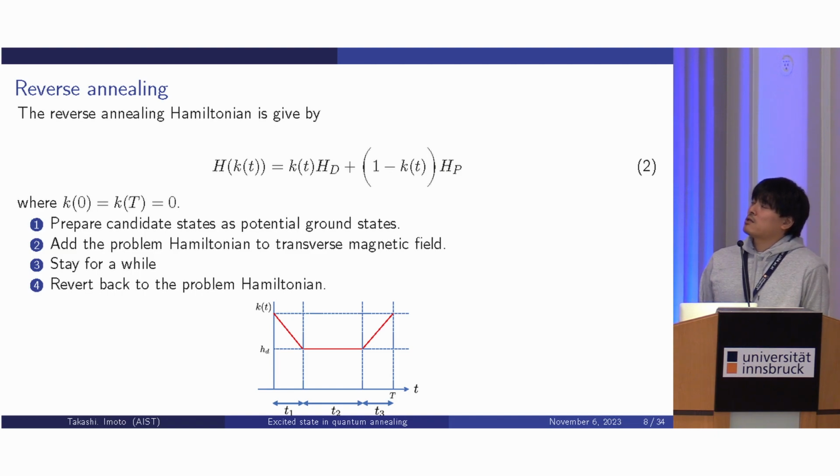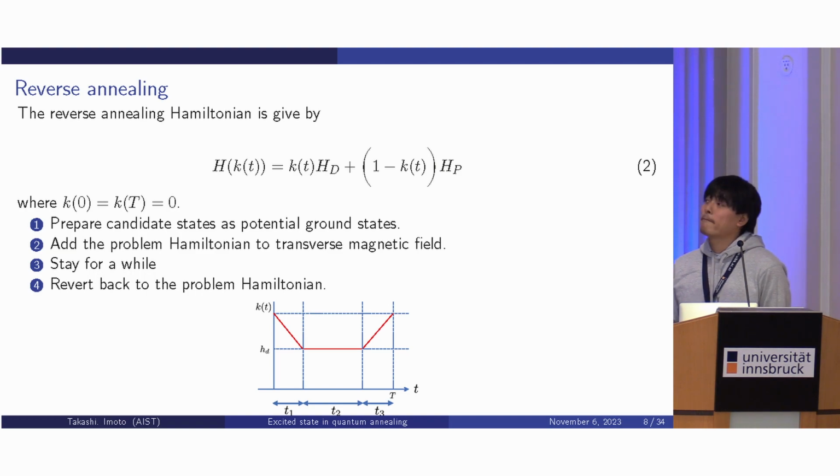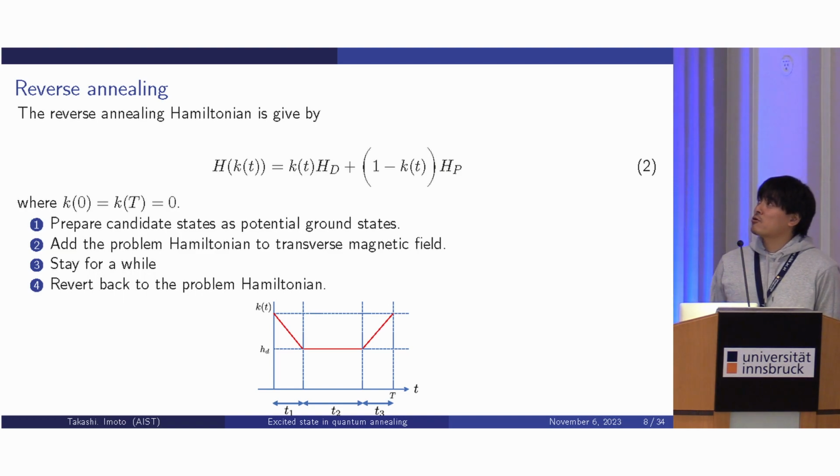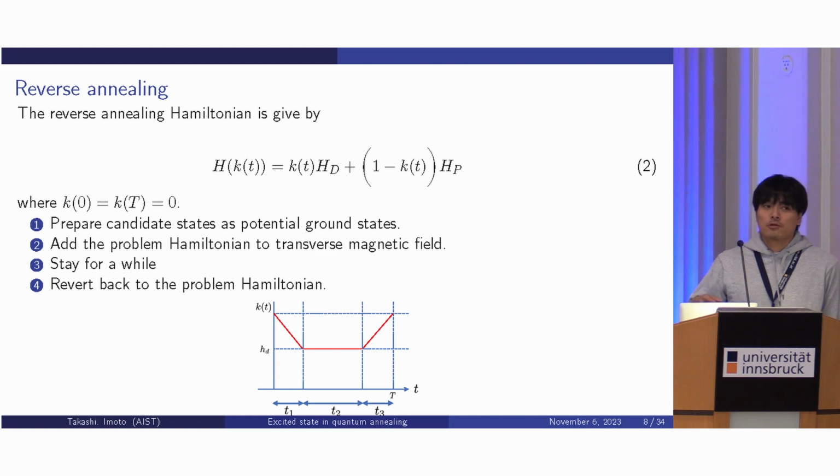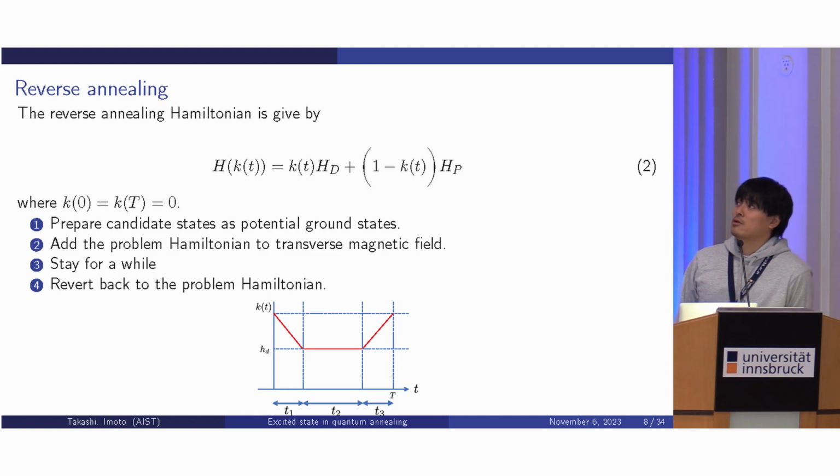We remark that the initial Hamiltonian and final Hamiltonian become the problem Hamiltonian. This protocol consists of 4 steps.